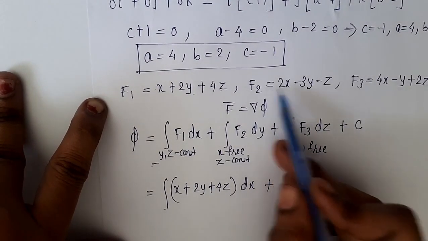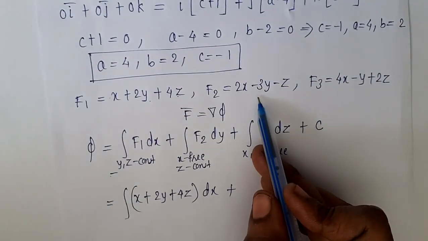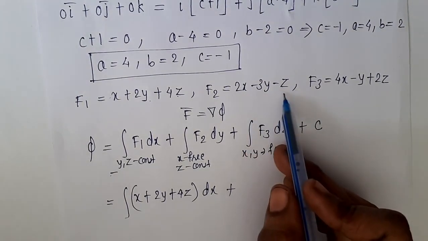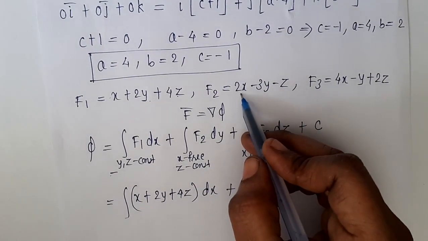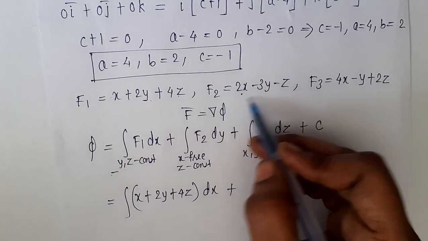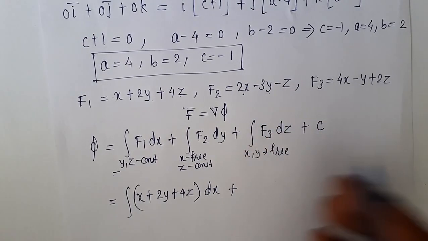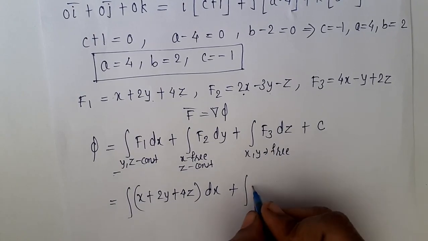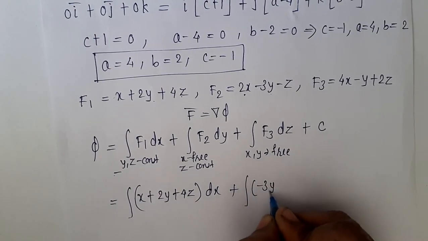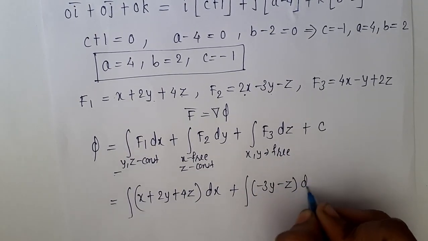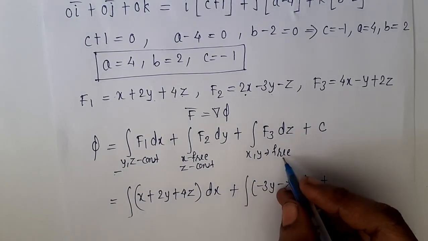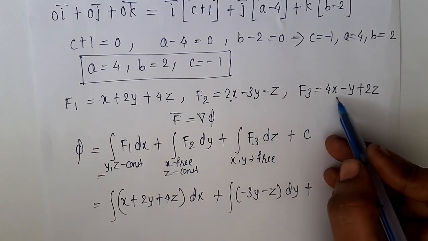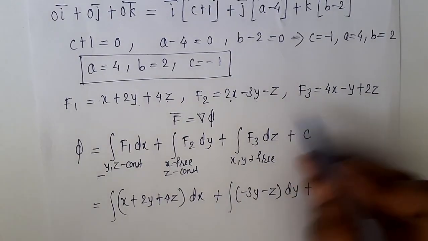F2 is 2x minus 3y minus z. So x free means 2x we don't want. So remaining term is minus 3y minus z. So we write here minus 3y minus z multiplied by dy plus x and y free. So in this example x, y and z are all free.